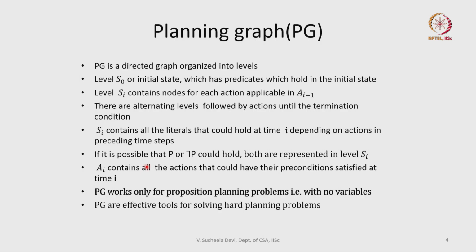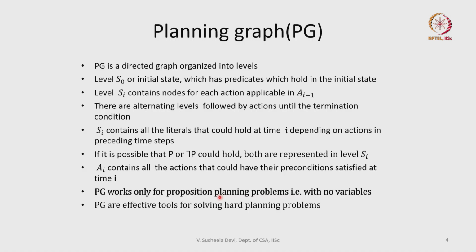One thing that is to be noted here is that this planning graph will work only for propositional planning problems. So if you have something in, say, predicate logic, etc., you won't be able to use the planning graph. So it shouldn't have any variables. So if you have some variable, say x or y or something, which needs to be instantiated at a particular point in the graph, such things will not work with the planning graph.